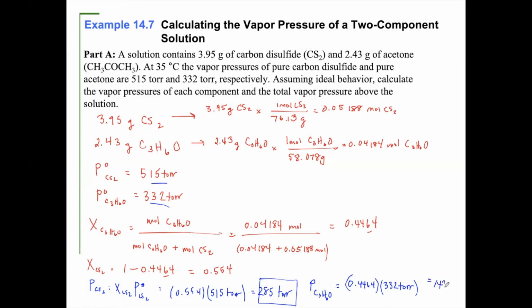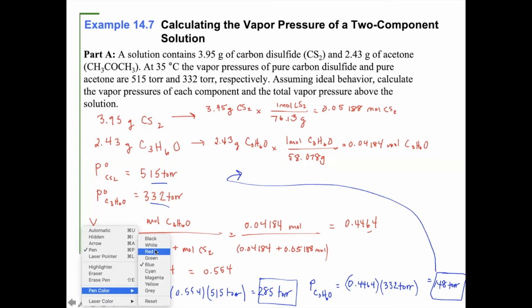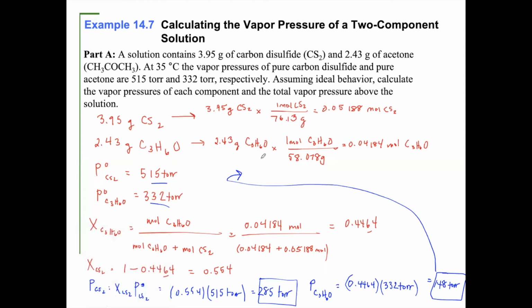So that is 148 torr. Now we have our partial pressures for each gas. Now we need to find the total pressure. I need some room, but I think I'll just write it up here. The total pressure is just the sum of the partial pressures.